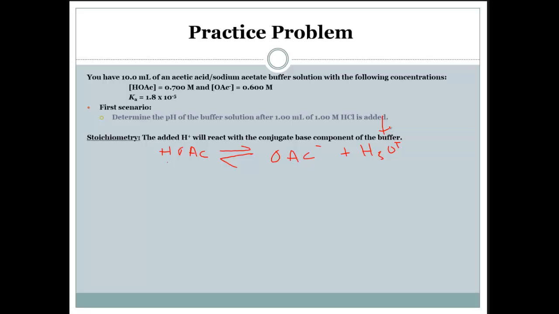First thing we need to do is figure out how many moles we have of each. So we have 0.700 molar. It's a 10 milliliter solution, so that's 0.01 liters. Cross multiply. We have 0.007 moles of the acetic acid. The acetate, we're going to go through the exact same process.